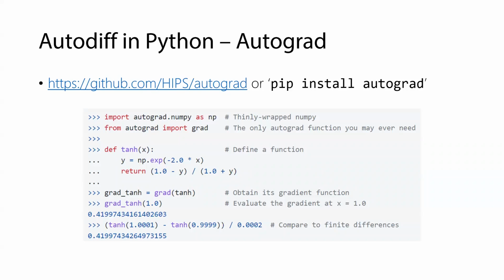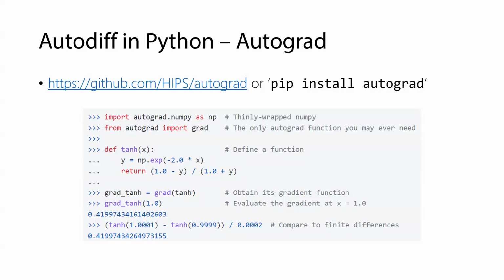You can feel free to play with this particular tool, although PyTorch has its own version of AutoGrad. The torch.autograd is actually what we're going to use today. But there's a non-PyTorch version of automatic differentiation called AutoGrad.